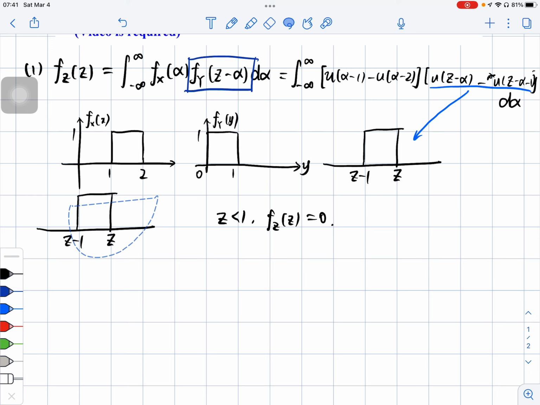For this part, this is the area we want to know. So this time, c minus 1 is from 1.